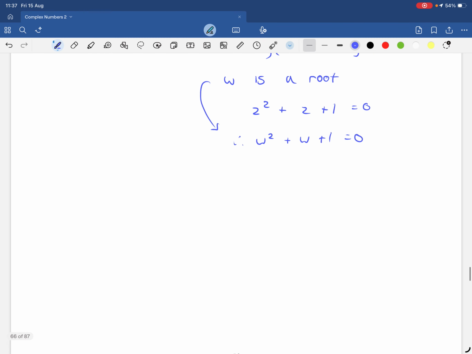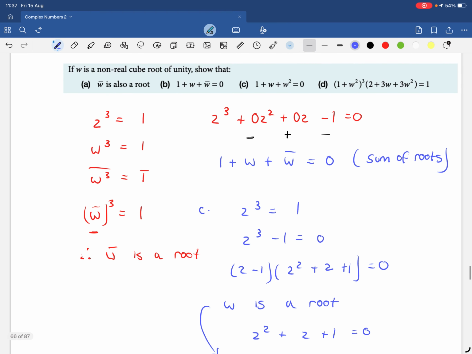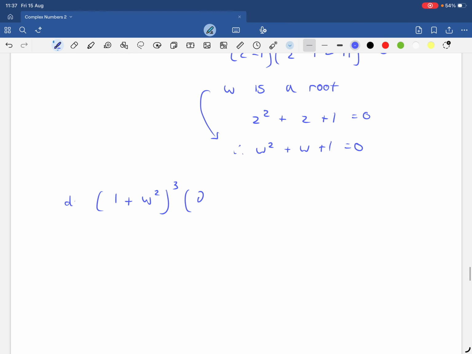And our last one, this is really what I wanted to get into in this video, which is why I chose this one. 1 plus w squared, cubed, times 2 plus 3w plus 3w squared is equal to 1.